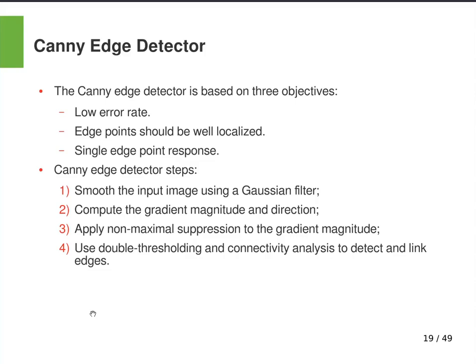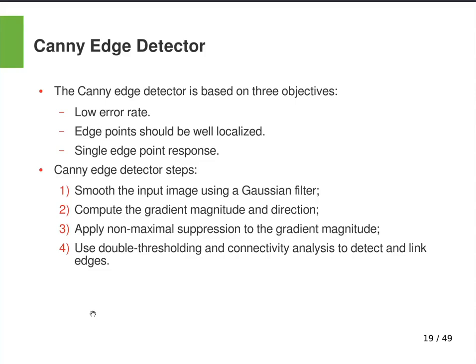So based on these requirements, the Canny edge detector involves 4 main steps. First, we have to smooth the input image using a Gaussian filter. This way what we do is basically eliminate a lot of the smaller changes of intensity in the image, and that helps us reduce the error rate and unnecessary or weak edge points.